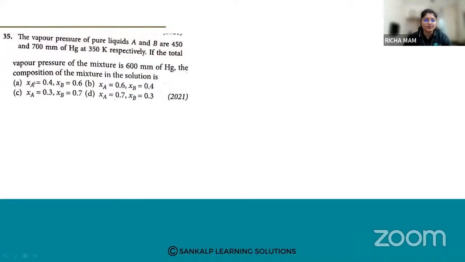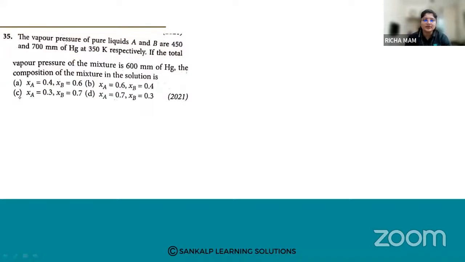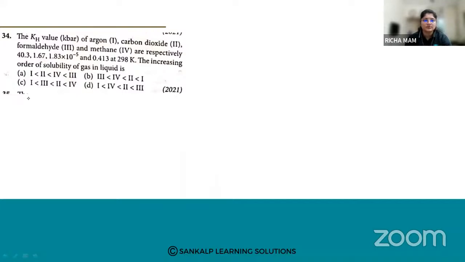So according to Henry's law, we are going to apply KH into solubility.